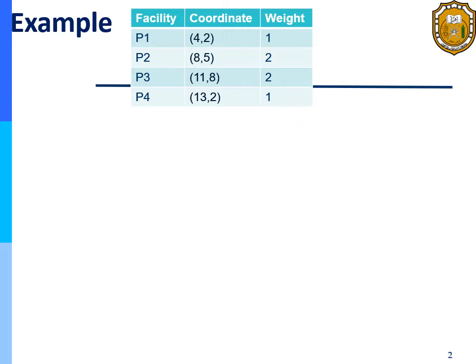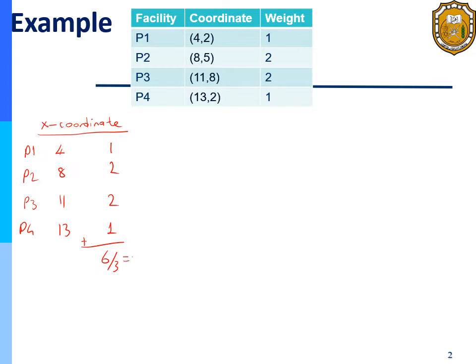Okay, so remember what we do for the x coordinate. We start our procedure with the x coordinate, and I need to order the facilities with respect to their x coordinates. And as you can see, P1 has a coordinate of 4, P2 it's 8, P3 it's 11, and P4 it's 13, and the corresponding weights are 1, 2, 2, 1, and the sum of these weights is 6, and 1/2 of the weight is 3.